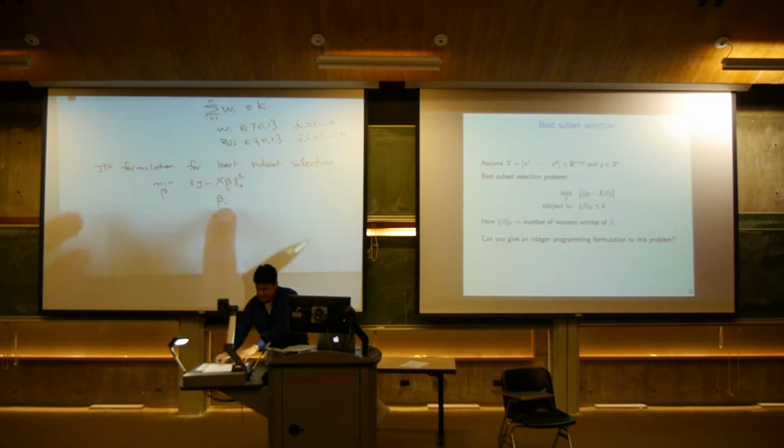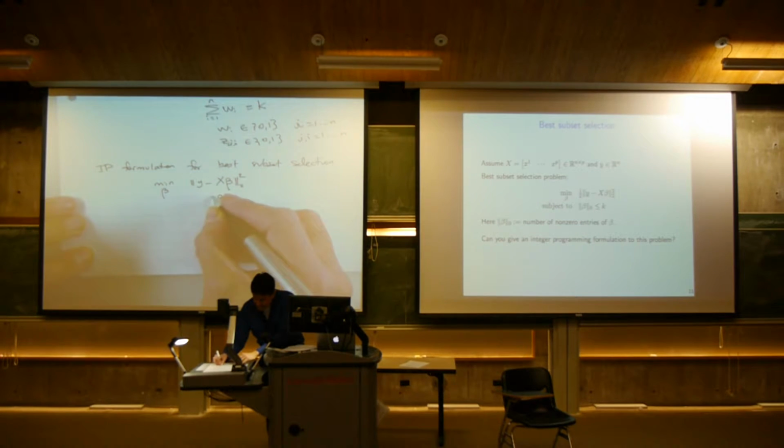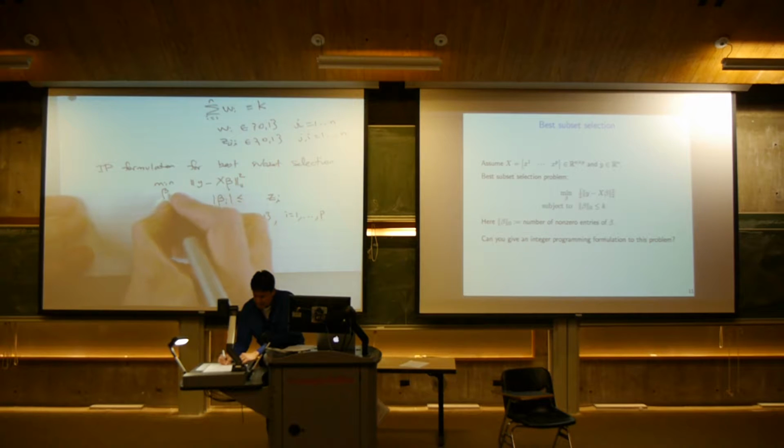So beta i, in absolute value, will be bounded by some binary variable zi. Here the zi's are going to be 0 and 1 for i 1 up to p. So I need p new binary variables. My optimization problem here is going to be over beta and z.